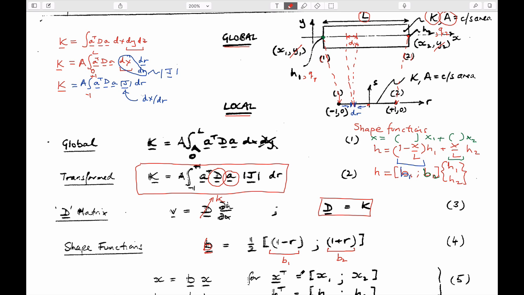And they're called serendipity shape functions just because they're chosen by chance. And the requirements that they have to meet is that they are equal to 1 at the node in question, and they're equal to 0 at all other nodes.